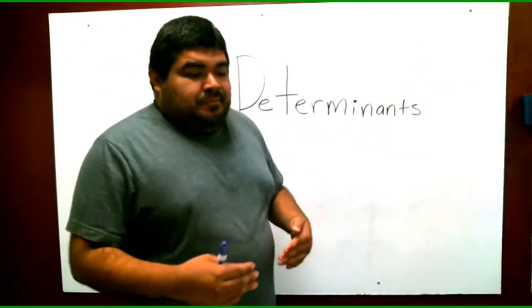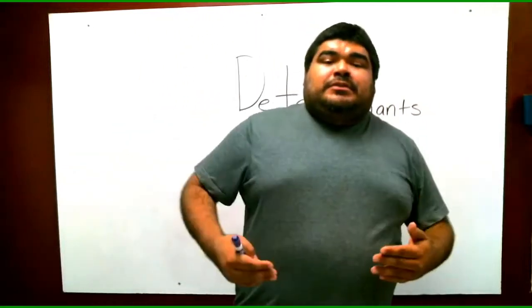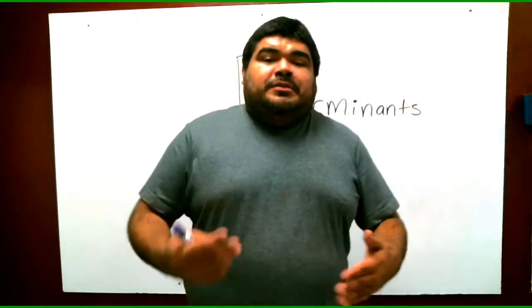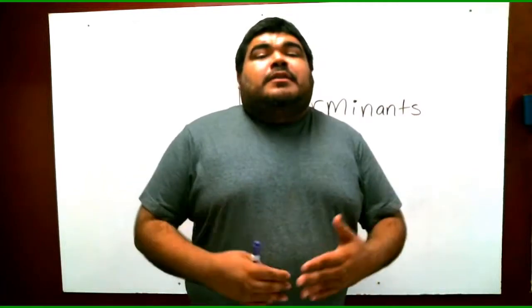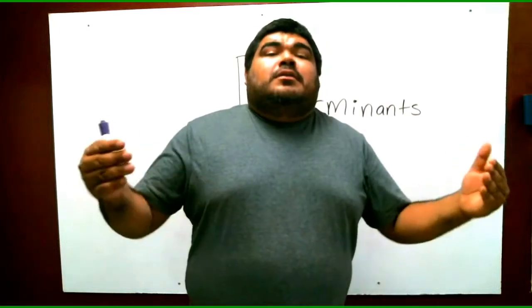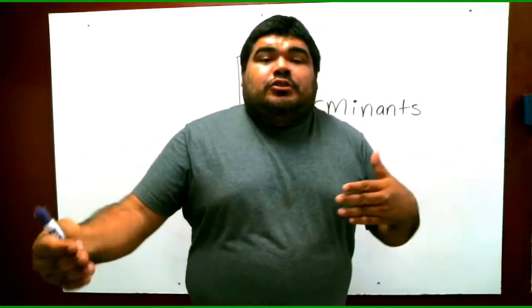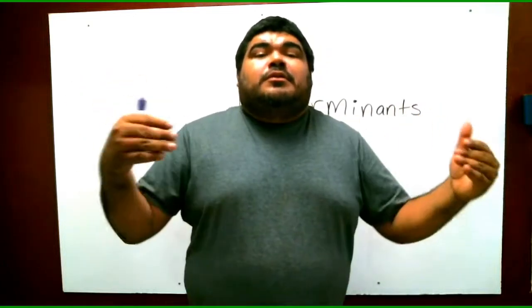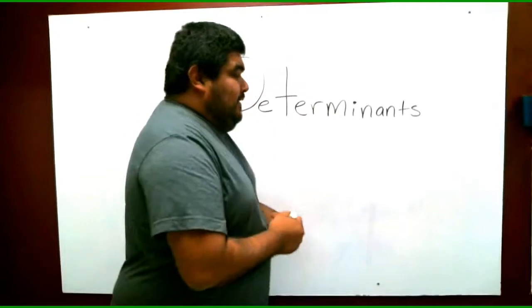Determinants are, we're still dealing with matrices, okay? The only purpose of today's concept is that we're only going to deal with one matrix. This means that we're going to have a 2 by 2. We're going to start off small, something simple, a 2 by 2 matrix.